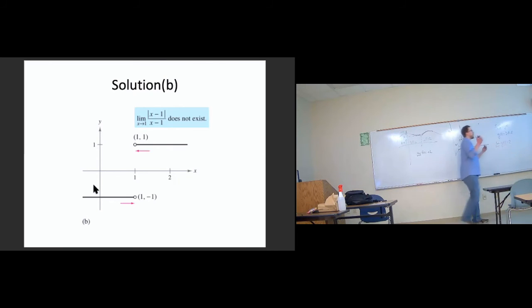We don't agree coming from both directions, so we just say we don't know what to pick. Doesn't make sense to say the limit exists here because we don't approach the same thing from two different directions. So our function doesn't approach anything at all, not in the sense of converging in both directions, right?